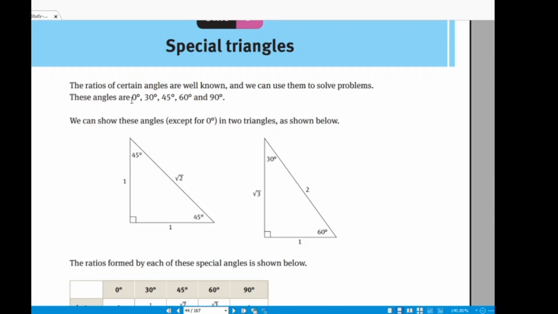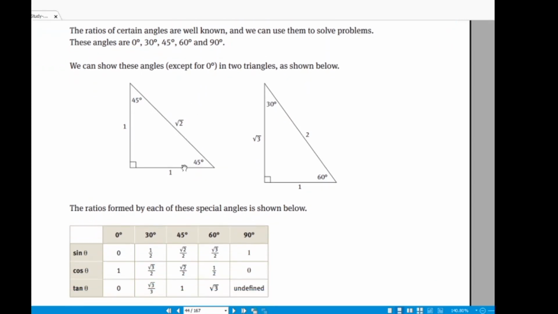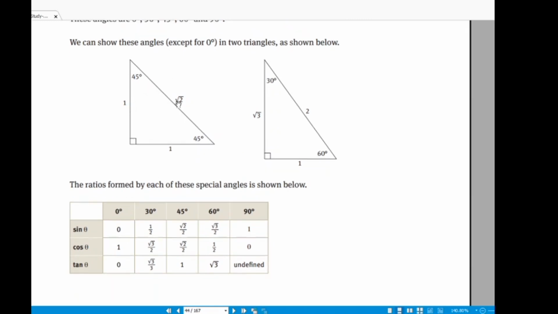These angles are 0 degrees, 30 degrees, 45 degrees, 60 and 90. We can show these angles, except for 0, in two triangles as shown below, right? From these two special triangles you can calculate trigonometric ratios.